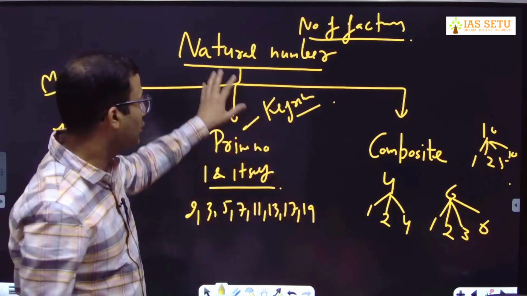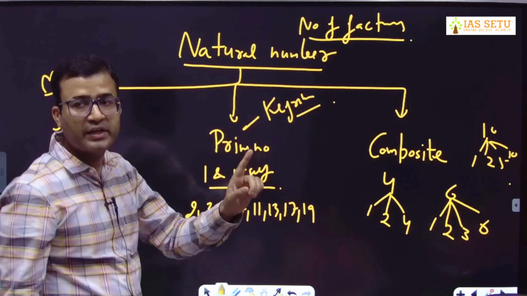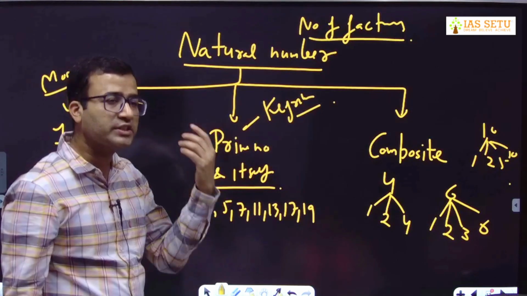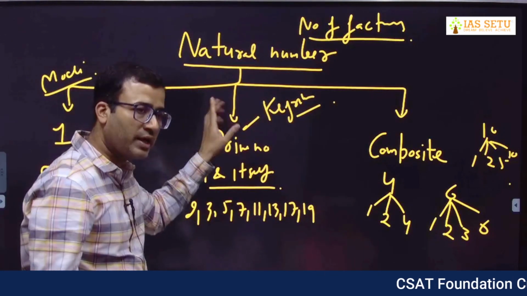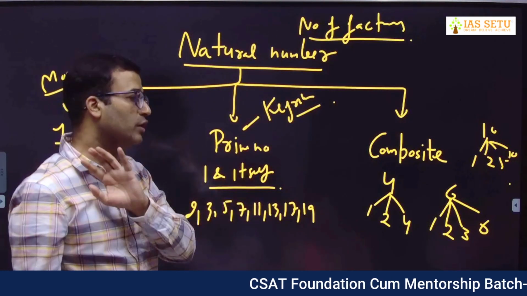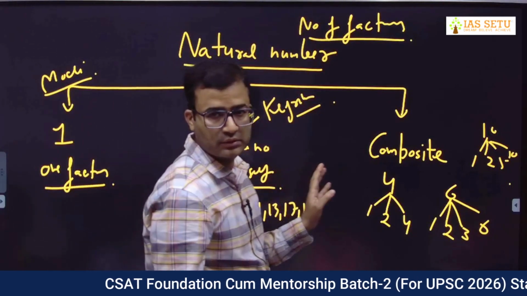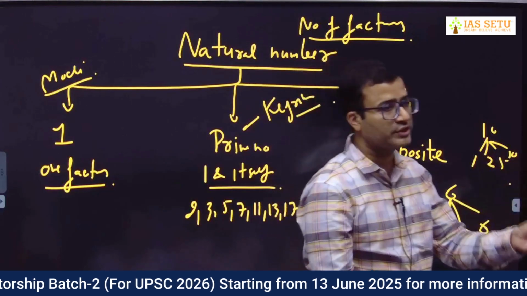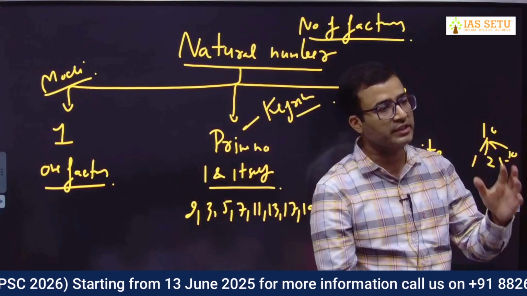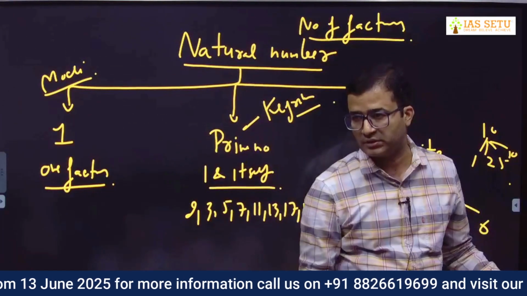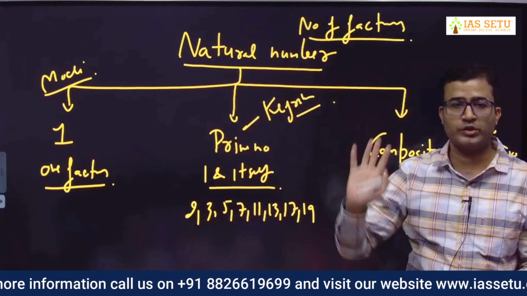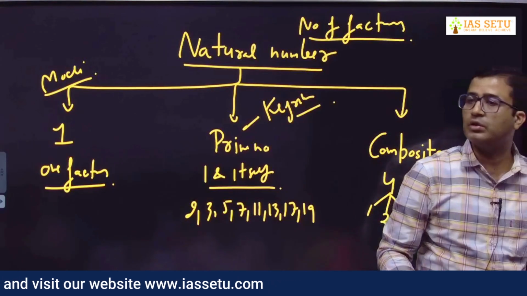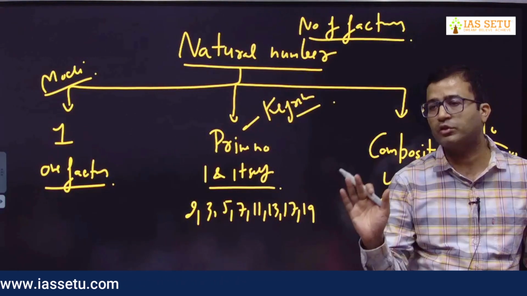Here we are talking about natural numbers. For a prime number, the very first condition is it should be a natural number. Zero will not come in this category at all. We are not talking about zero. We are not talking about negative integers. There is no point of a question whether 0 is a prime, composite or one. First thing is this is out of our discussion. Our discussion is about natural numbers only first. Now we are talking only about natural numbers for the time being. So 0, we will not talk about 0.